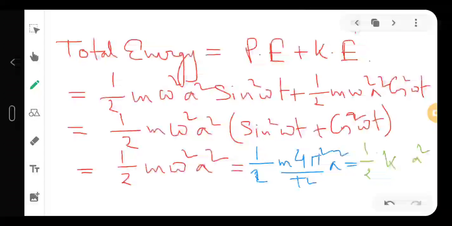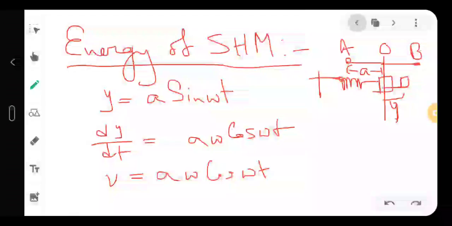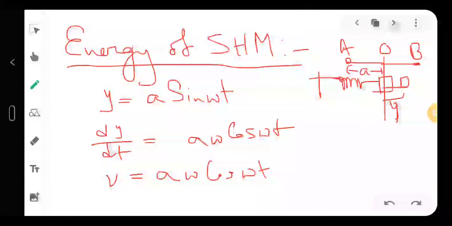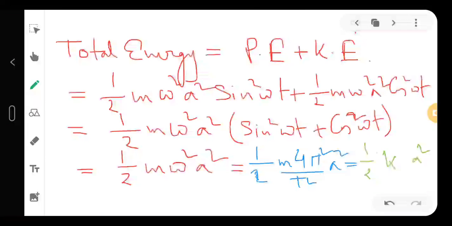From here even we can find out the time period. So one more thing I'll just tell you. We have gotten the total energy. We have seen a very important relationship between our omega and the restoring parameter, that is k.